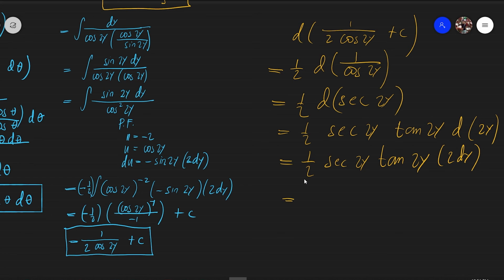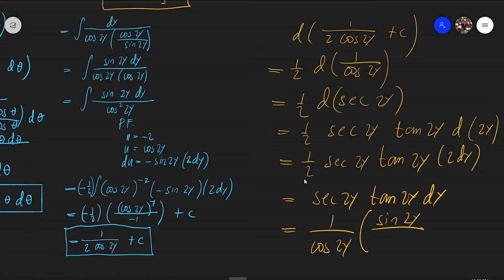You'll be left with secant 2y tangent 2y dy. Your secant 2y can be expressed as 1 over cosine 2y. Your tangent can be expressed as sine over cosine. This is sine 2y over cosine 2y.